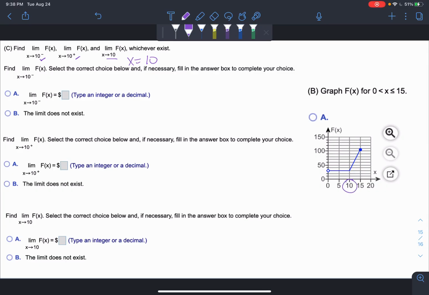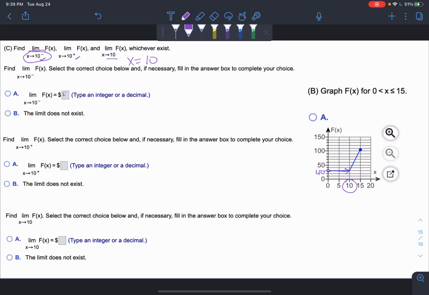For this first part, I want to look at what's happening as x approaches 10 from the left. Again, I'm going to start from the leftmost part of the graph and go towards 10 from left to right. And I notice that my function is approaching 40.